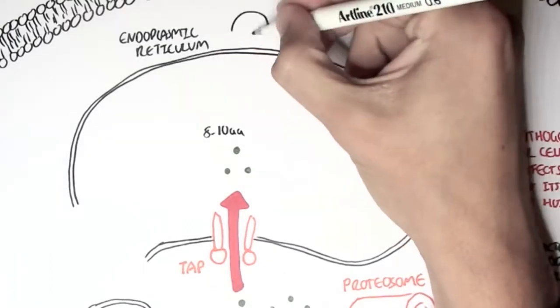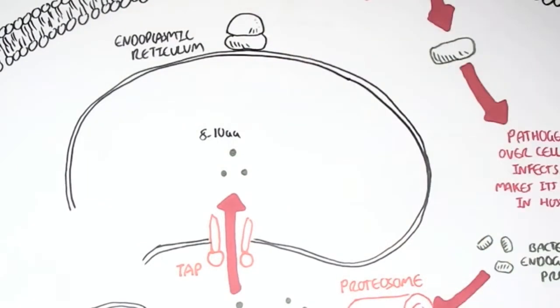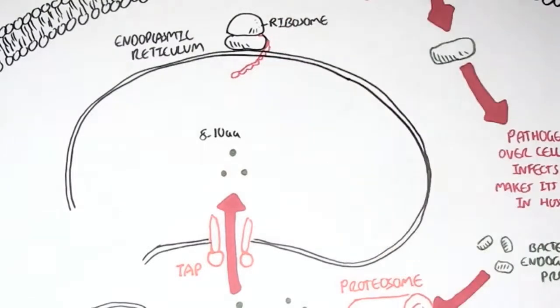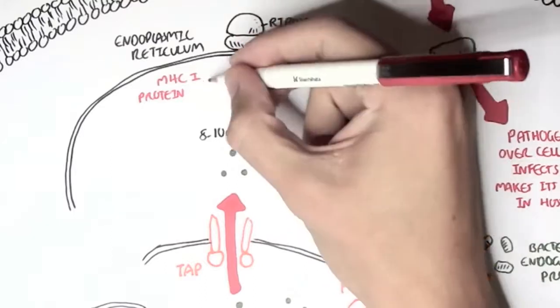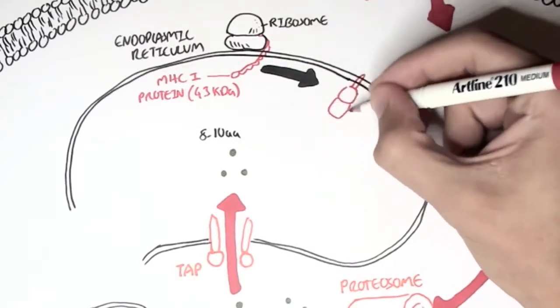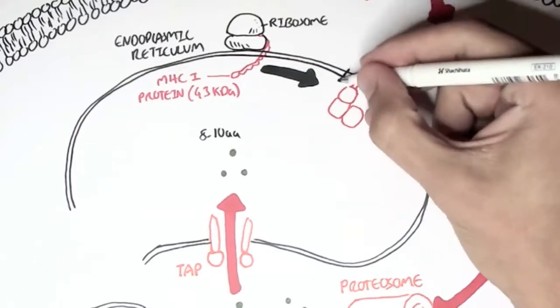So let's stop there and look at the ribosome. Now ribosomes are, as we know, machines that essentially make proteins. And so this ribosome is making proteins, an MHC class 1 protein, which is about 43 kilodaltons in mass. So here it will make the MHC class 1 protein.